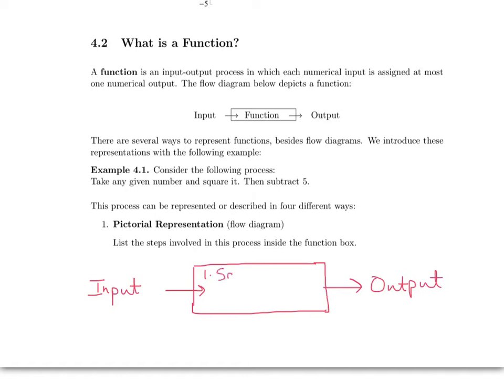So that's step 1 in the process. So I take my input and I square it. That's the first thing that happens. Then what? After squaring, we subtract 5. After we've done that, we get our output. So this is a flow diagram or a picture representation of this function.